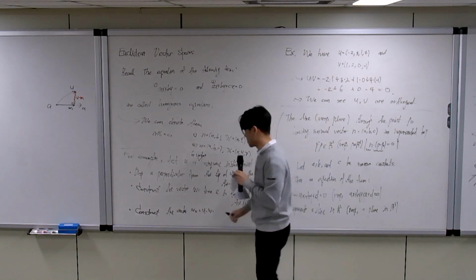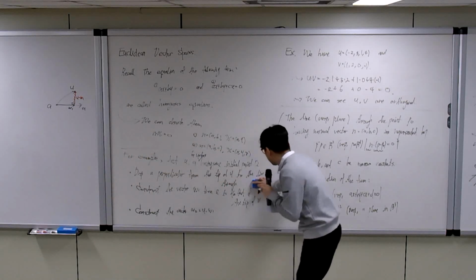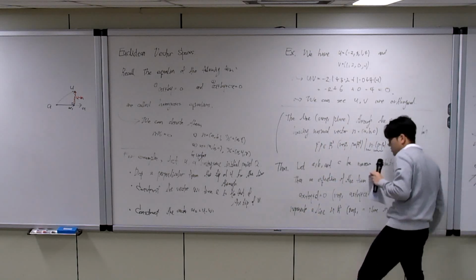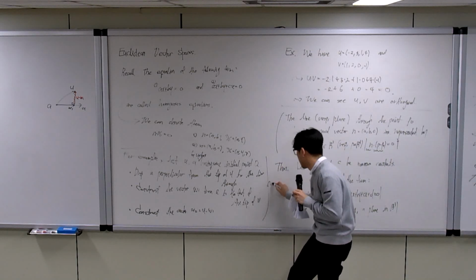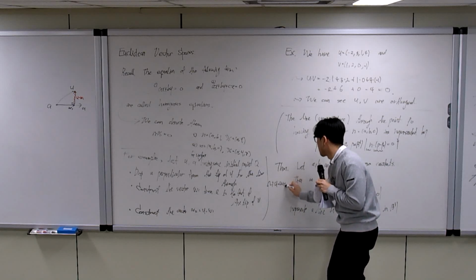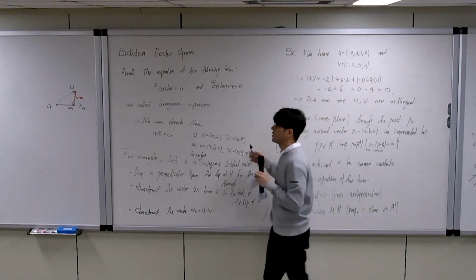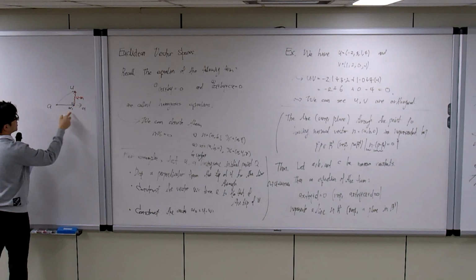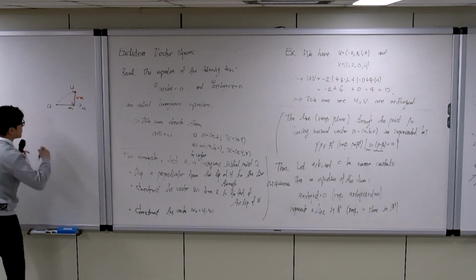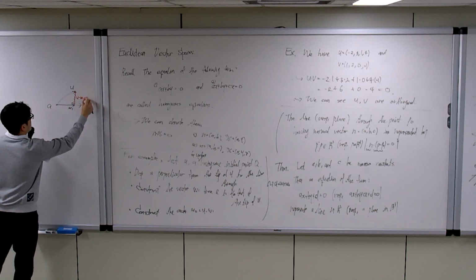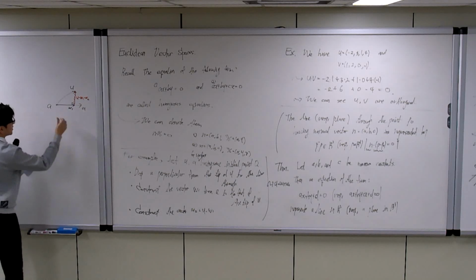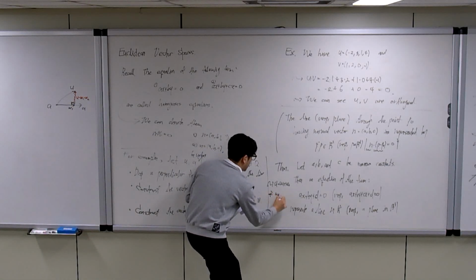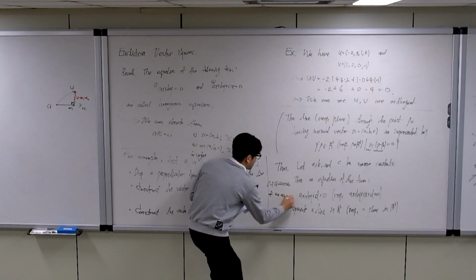By the construction we get this decomposition of U: U equals W1 plus W2, and by the construction we get the orthogonality of W1 and W2. That means W1 dot W2 equals 0.